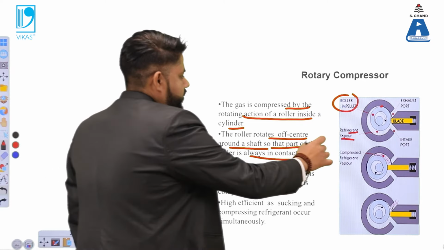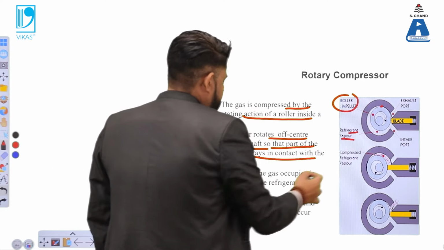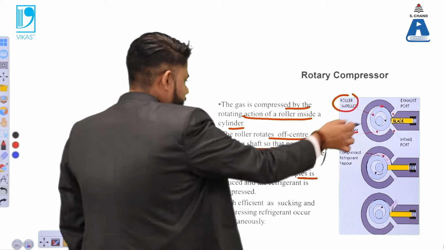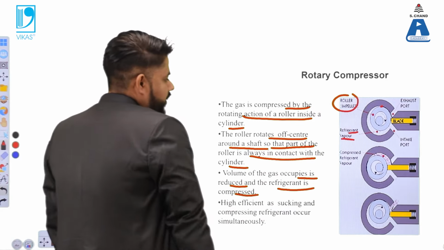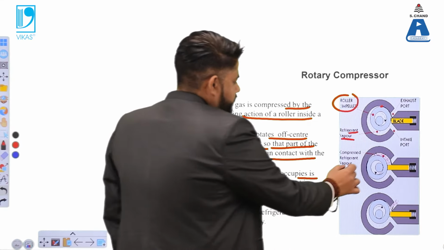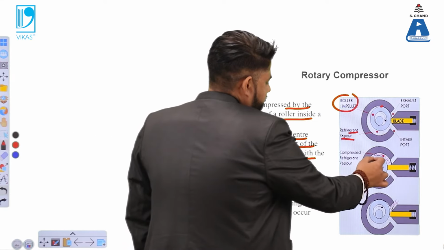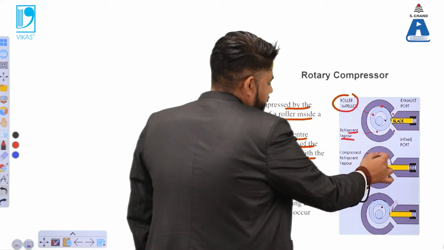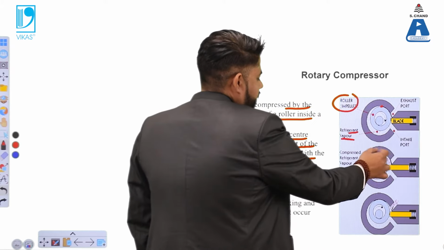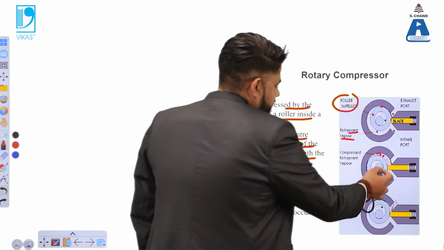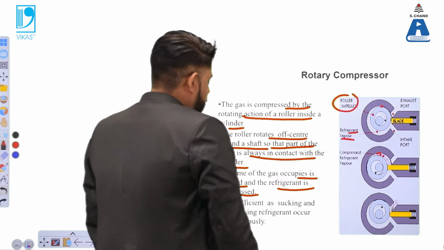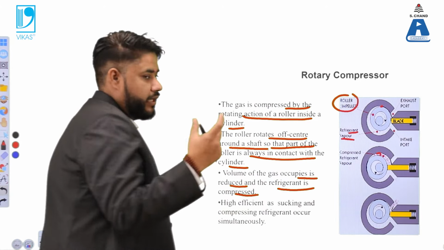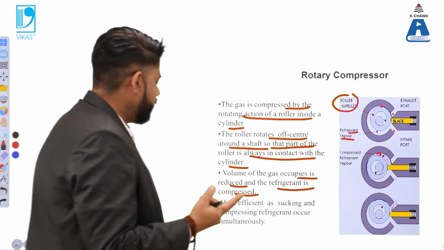So the volume which is occupied inside the cylinder is reduced. You can see, as per the diagram, the volume is reduced and the refrigerant gets compressed. Whenever it moves to this side, the volume is reduced and the refrigerant gets compressed, and as it moves out from this scenario, the air gets compressed in this manner.